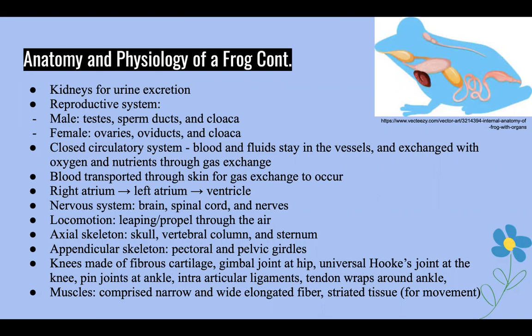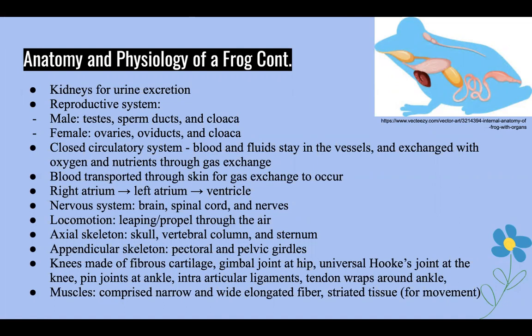The reproductive system includes the testes, the sperm ducts, and cloaca in the male, and ovaries, oviducts, and the cloaca in the female. It has a closed circulatory system that allows blood and fluids to stay in the vessels, and they're exchanged with oxygen and nutrients through gas exchange.